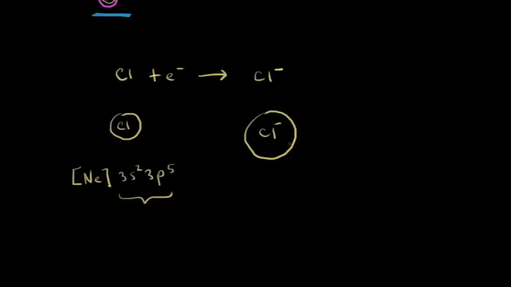For the chloride anion, you would start off the same way. You would say neon in brackets, 3s2, and you would be adding an electron to it. So it wouldn't be 3p5, it'd be 3p6, like that. And so this would give us 8 electrons in our outer shell, and this would give us only 7 electrons in our outer shell.